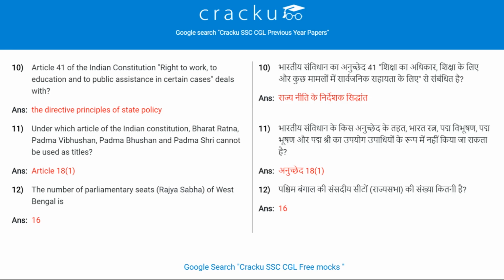Under which article of the Indian Constitution Bharat Ratna, Padma Bhushan, Padma Vibhushan and Padma Shri cannot be used as titles? Article 18(1). The number of parliamentary seats in Rajya Sabha of West Bengal is 16.